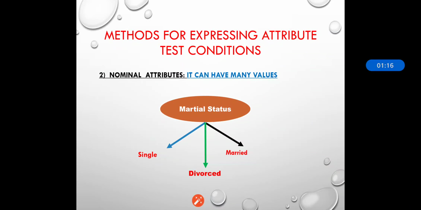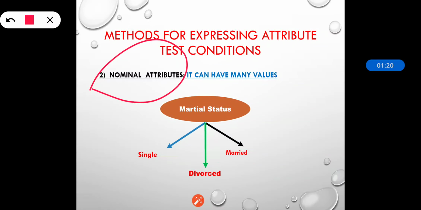Now the next one is the nominal attributes. As its name implies, it can have many values. Since a nominal attribute can have many values, the test condition can be expressed in two ways, as we can see in the example. For a multi-way split, the number of outcomes depends on the number of distinct values for the corresponding attribute.